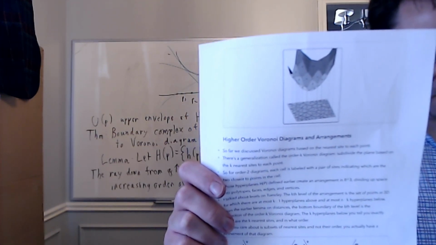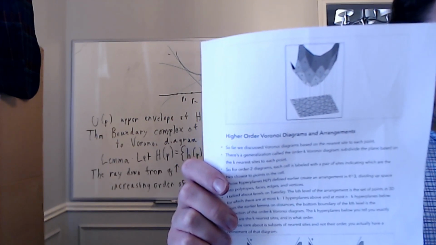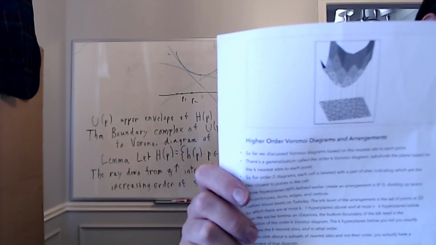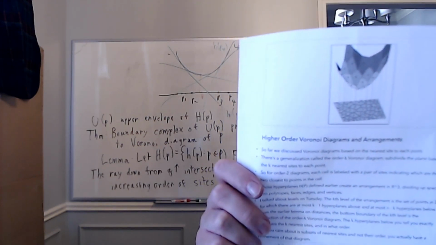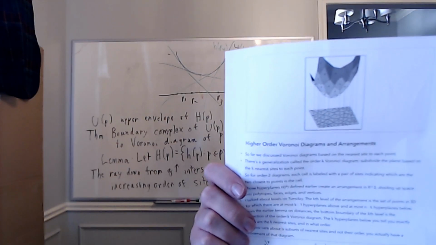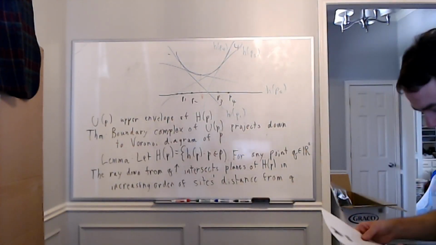And if you look at the intersection of all of these hyperplanes lying on the upper envelope, those intersections project down to be the Voronoi diagram itself. Okay.